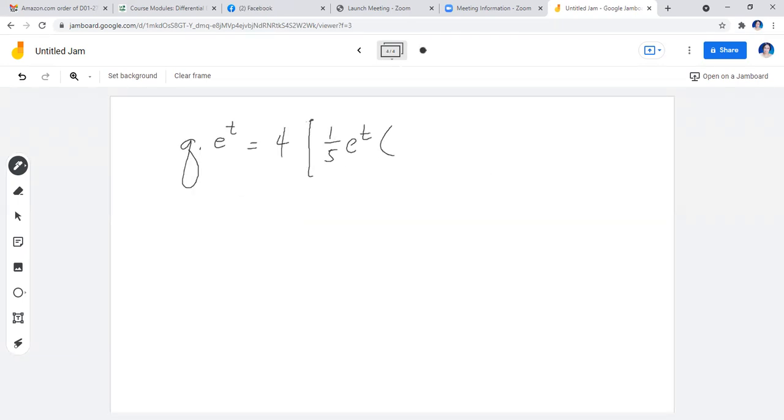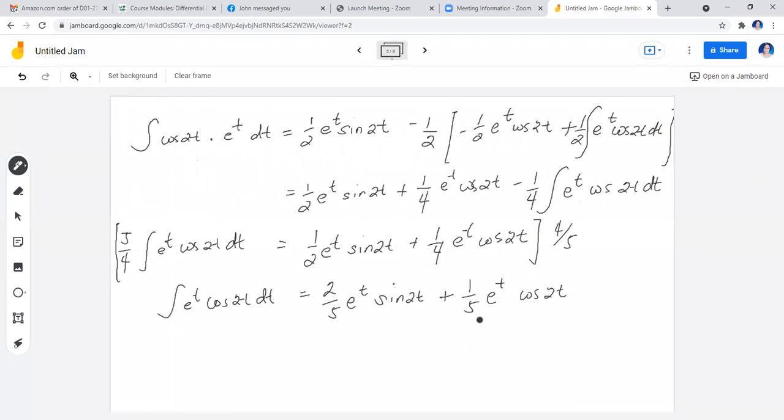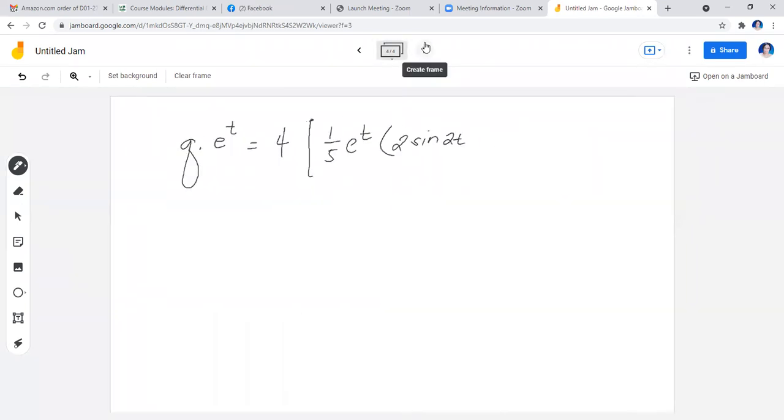So I'll place here 2 sine of 2t. In the second term, if I take 1/5, that would be only cosine of 2t. I'll take this one also, so that would be cosine of 2t only. So plus cosine of 2t. Okay? Now, you have an e raised to t here and an e raised to t here. You can take it out.